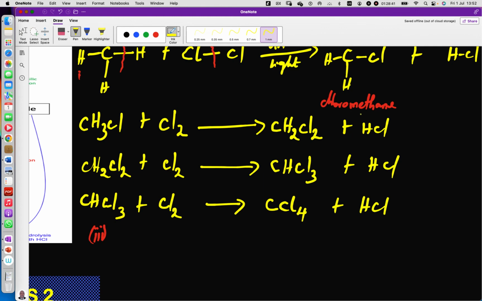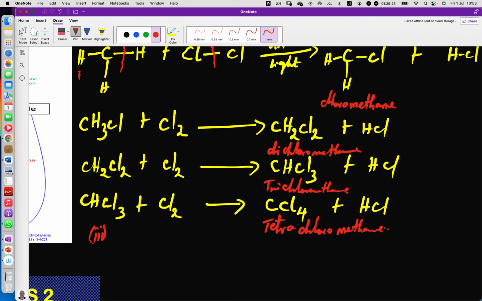The first one is chloromethane. This one is dichloromethane. This is trichloromethane, and tetrachloromethane.